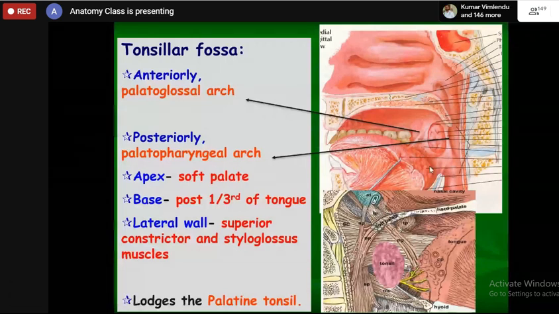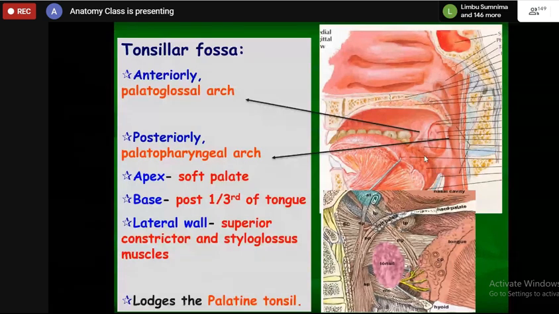Now I'll repeat once again the tonsillar fossa. Anteriorly, the boundary is the palatoglossal arch. This one is the palatopharyngeal arch, which forms the posterior boundary. The apex is formed by the soft palate, the base by the posterior one third of the tongue.